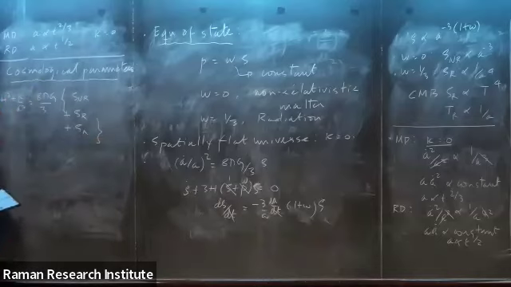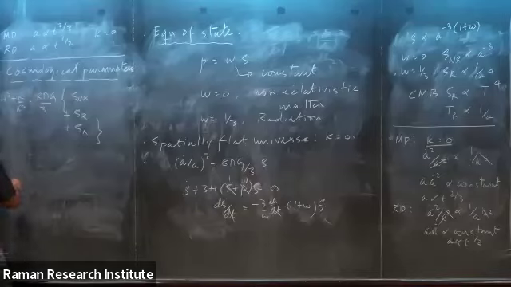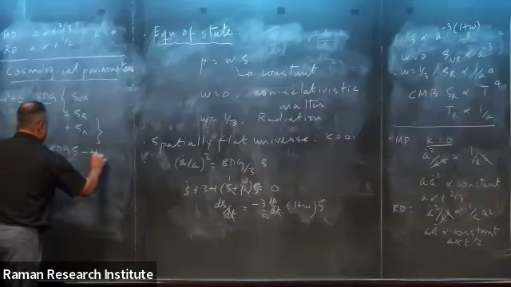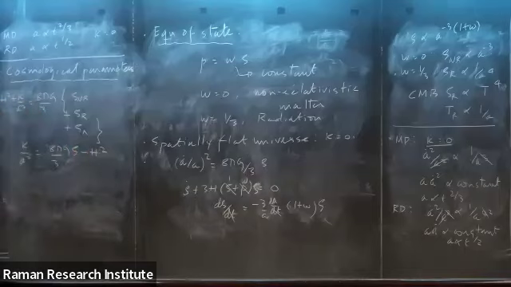So in principle, I've included everything. And I'm going to rewrite this in the following fashion. I can write kappa by A squared is equal to 8 pi G by 3 rho minus H squared. The rho is the total rho, the sum of all these things. I hope it's clear.